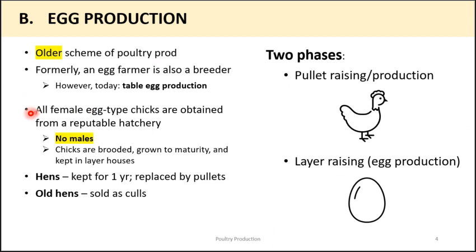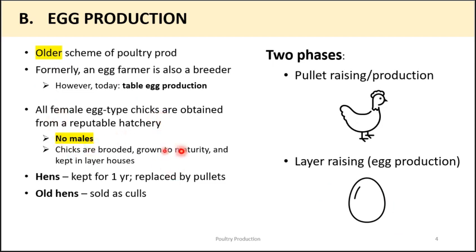Now, we have here, all female egg type chicks are obtained from a reputable hatchery. Of course, what we get, most especially when we're engaged in layer raising or table egg production, are females, right? Female egg type chicks. Because they are the ones who will lay eggs, no males.